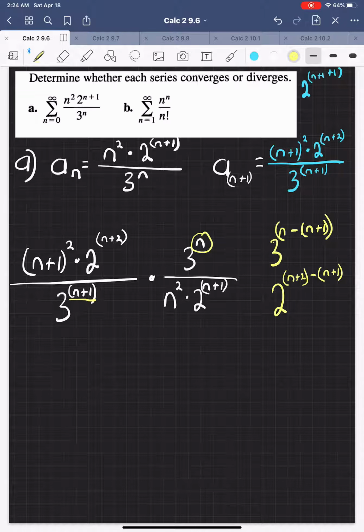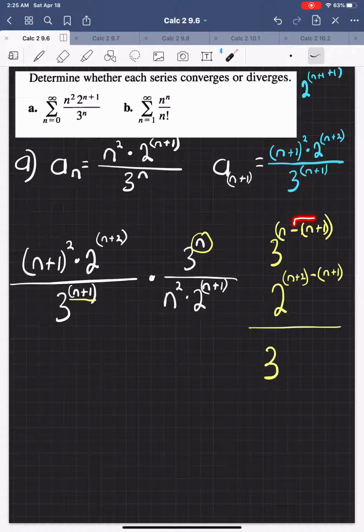And let's go ahead and tackle that right now. Okay, so for each of those, let's rewrite that. So that's 3 to the power of, let's go ahead and do our arithmetic. So we'll have n minus n, that'll cancel.